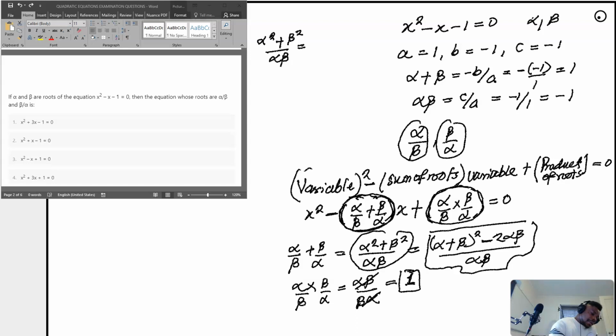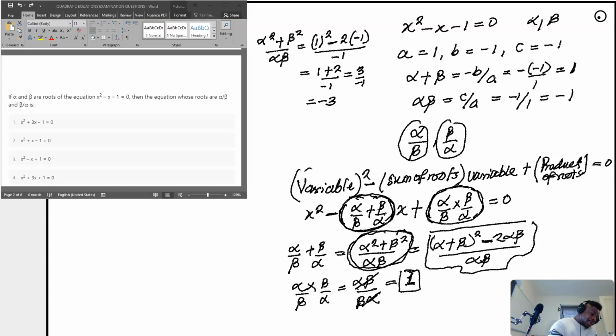Alpha plus beta is 1 and is squared, so 1 squared minus 2 bracket alpha beta is minus 1, okay, all over alpha beta is minus 1. So this is 1 minus times minus is plus, that is 2 over minus 1. This is 3 over minus 1, which is minus 3. So for this, we have gotten minus 3.